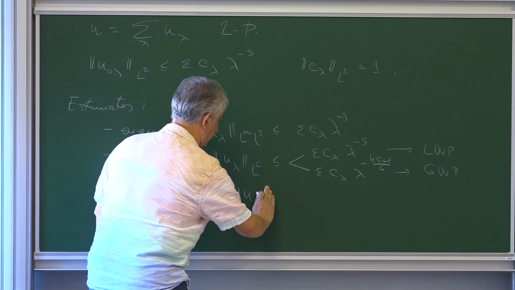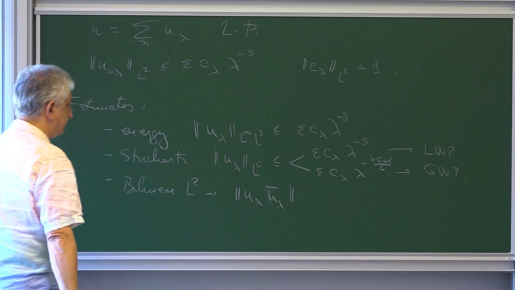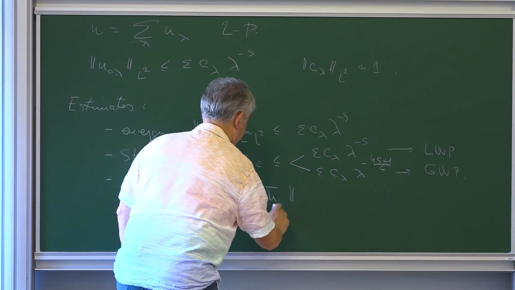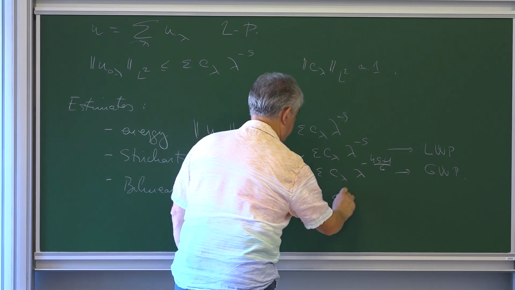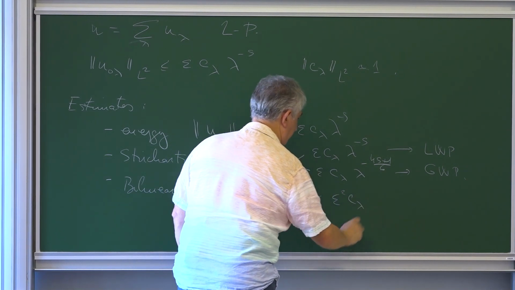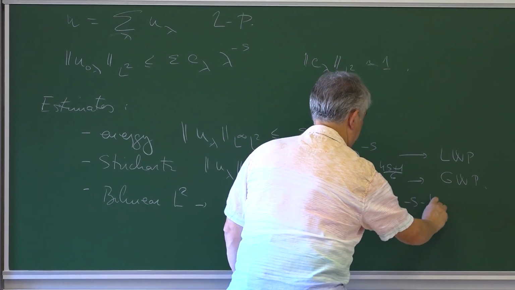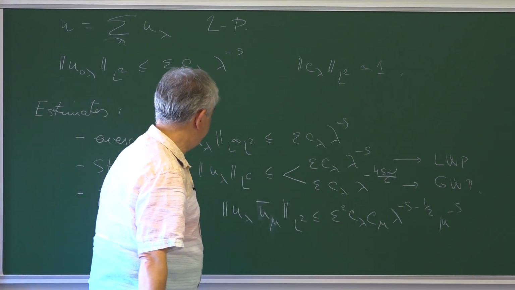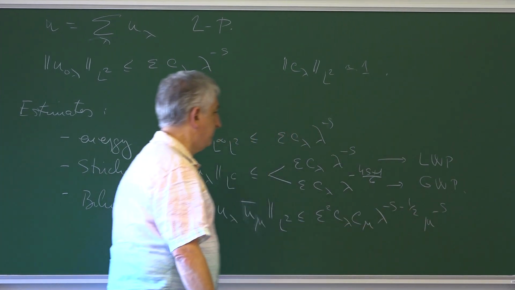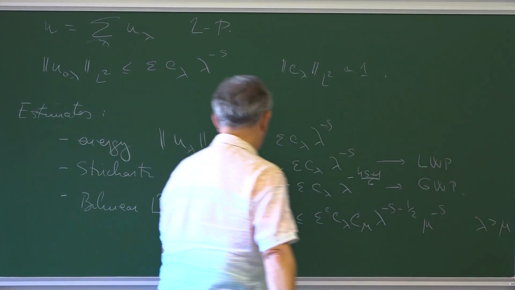We look at u_λ times u_μ-bar, in L², smaller than ε² c_λ c_μ λ^{-s-1/2} μ^{-s}. So here you see the gain of 1/2 derivative at high frequency. So let's say λ is larger than μ in here.